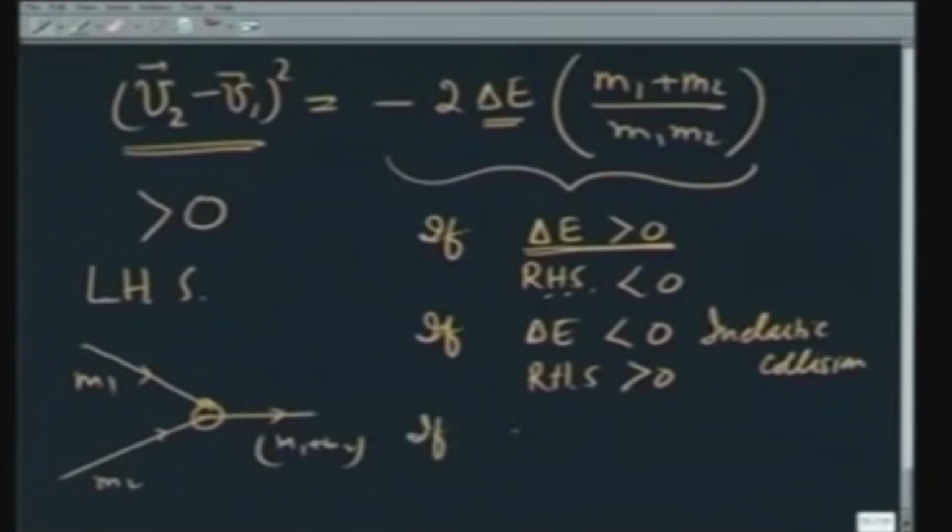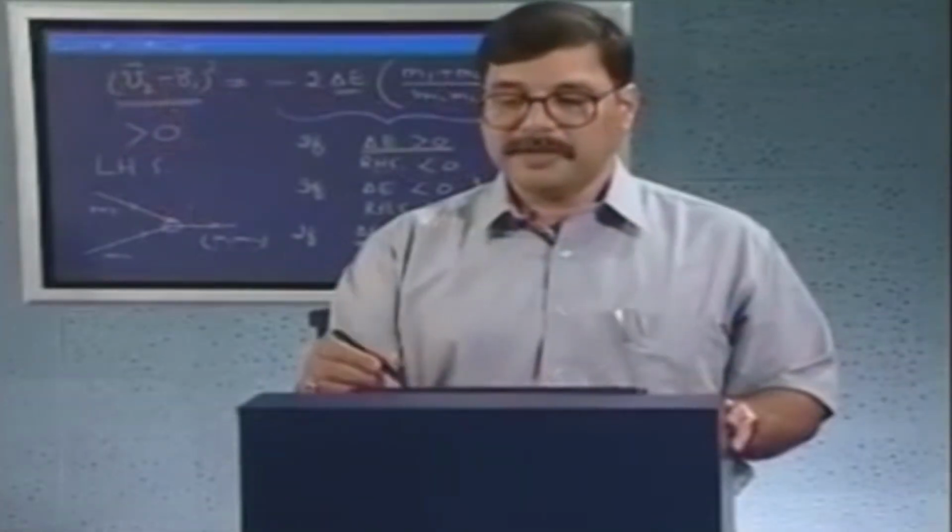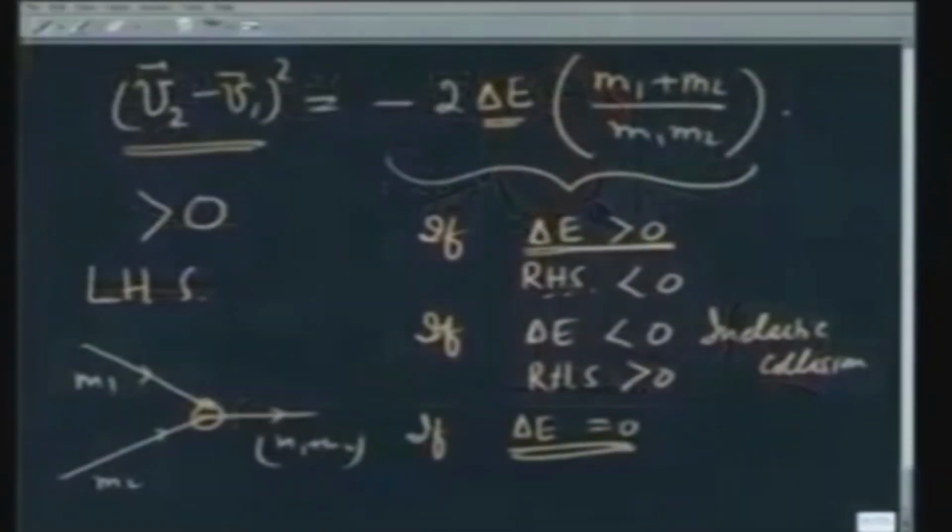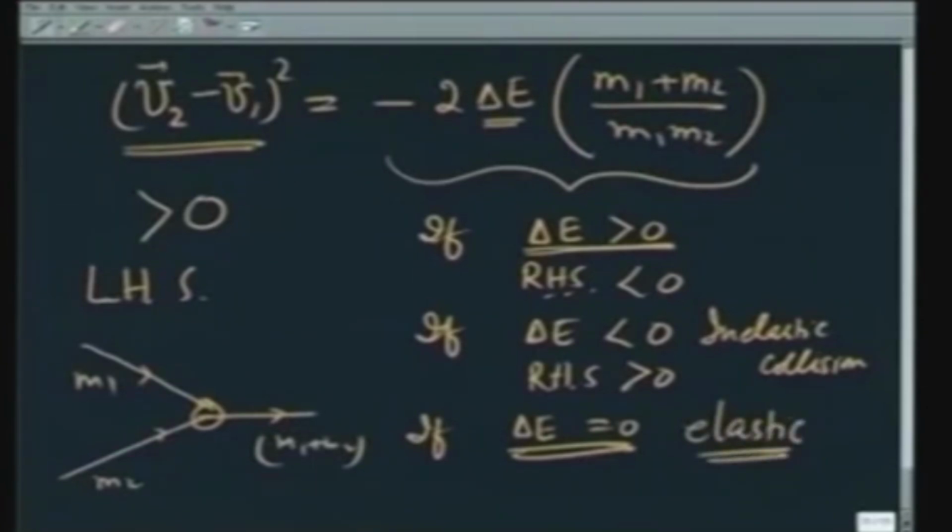Third case, if delta E is equal to 0, that interaction is also not possible because the right hand side is 0 and the left hand side is greater than 0. So, this is an elastic collision. In an elastic collision, two particles will never really get stuck together.